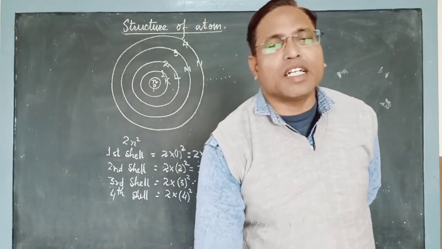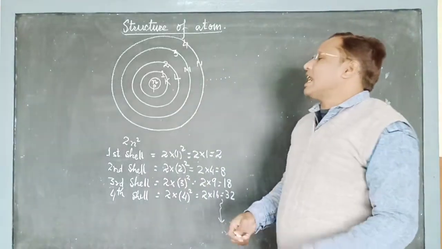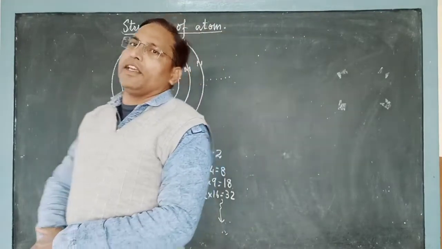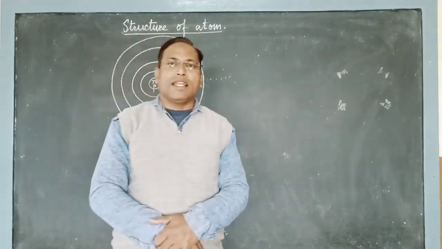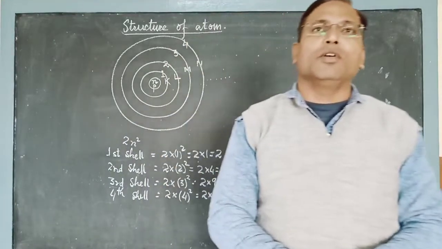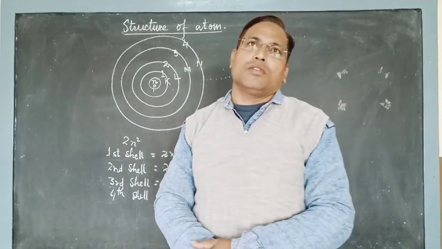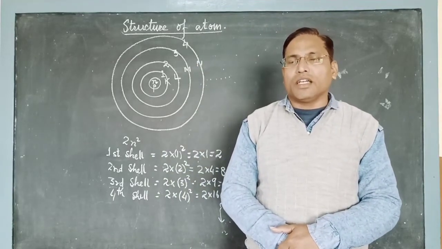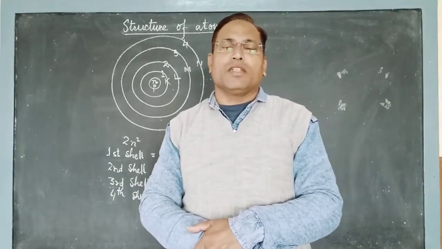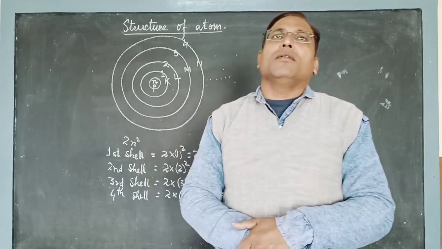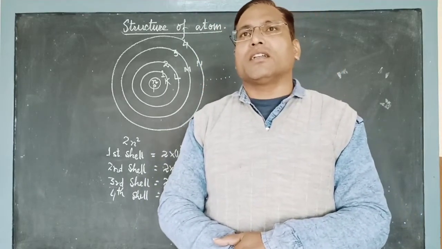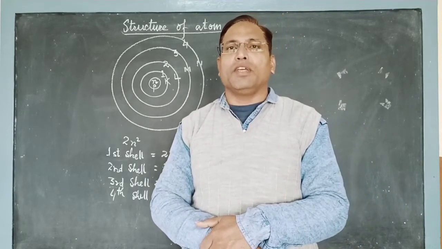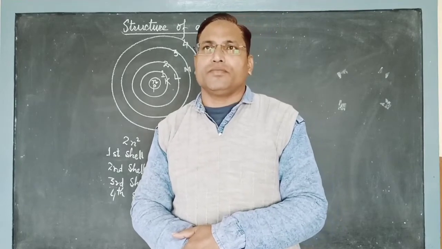Next, in the last shell we cannot have more than 8 electrons. Now also the rule that we are going to study up to class 10, in upper class you may study something different, but here we will study that the next shell cannot be filled until the previous shell is filled.